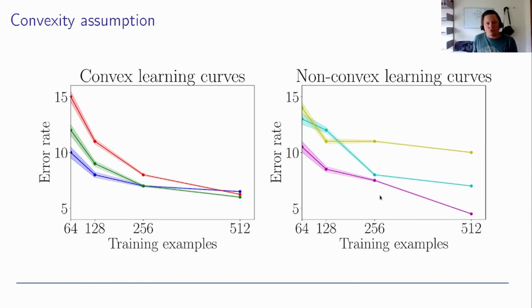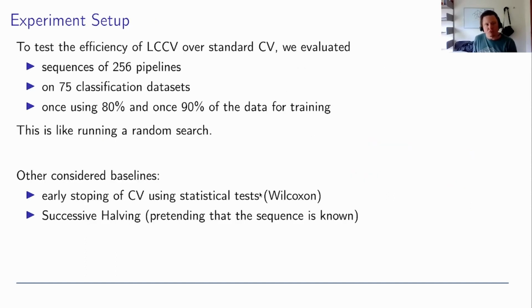But we also provide significant empirical evidence that the great majority of learning curves is in fact convex in this sense. So from our viewpoint, the assumption of convex learning curves looks fair.